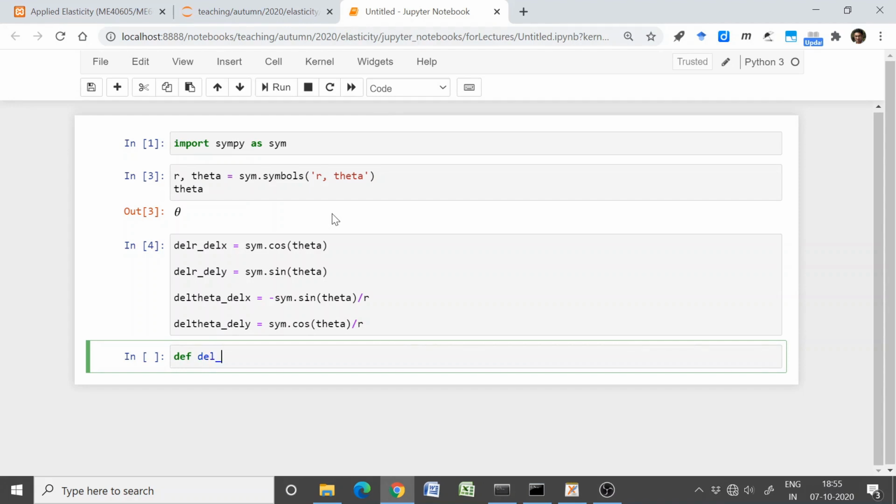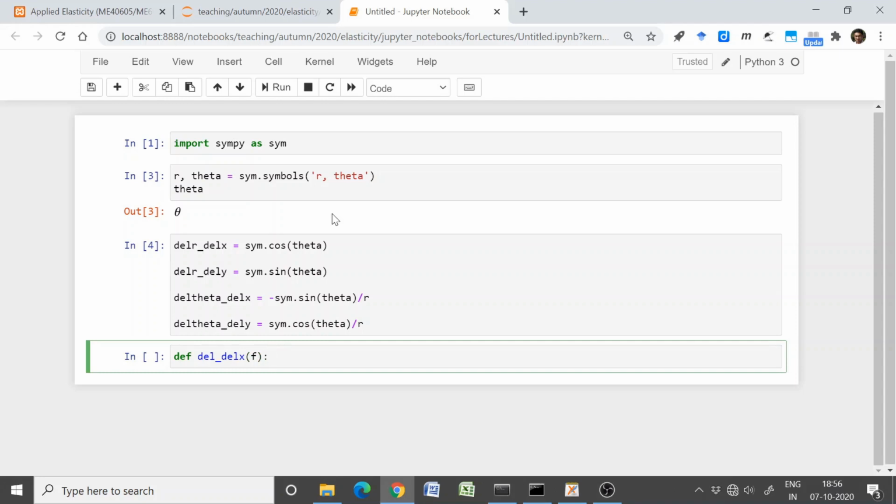We call this, it is completely our choice, but in order for quick recognition, we'll just give this kind of name, del x of f. Please note that I do not need to first define a symbol or a function f here for this definition, because I'm defining a function. I mean, this is very well acceptable.